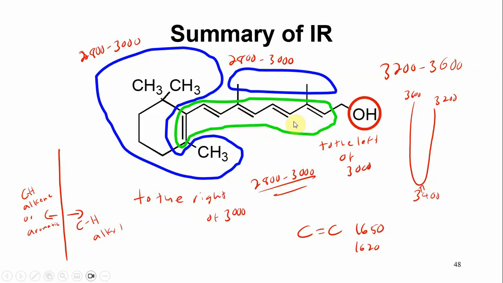What's it called? Starts with C. Conjugated. Means all the electrons are spread. They're not isolated double bonds. All those electrons can move anywhere within that pi system. So 1650, 1620, because an isolated bond was 1660. But these are conjugated, so it's going to be less than 1660.